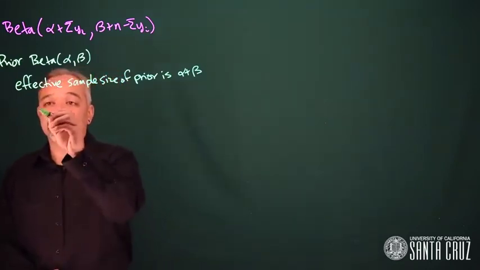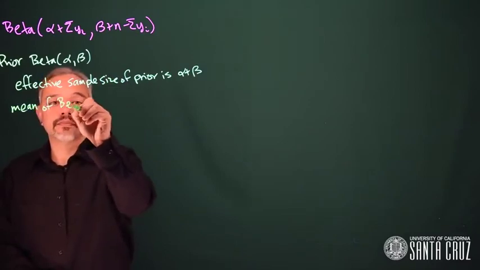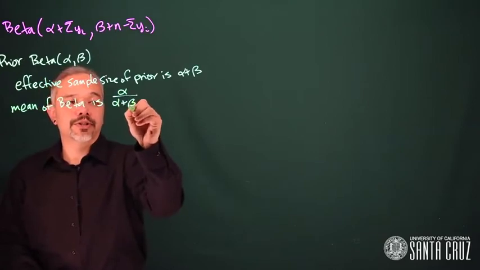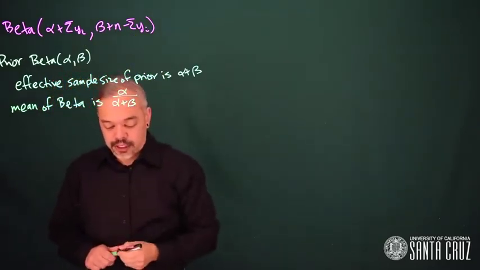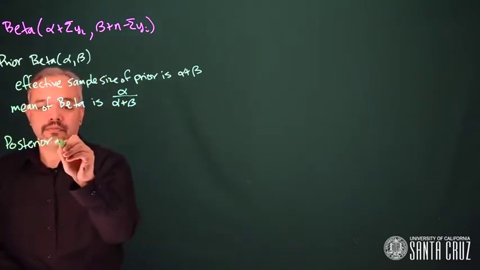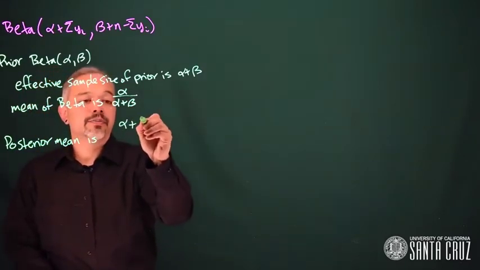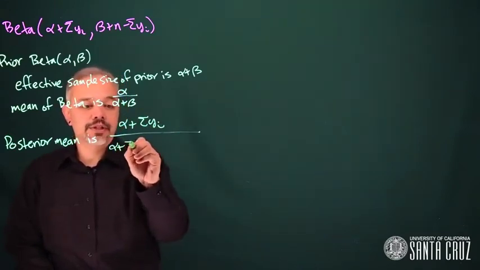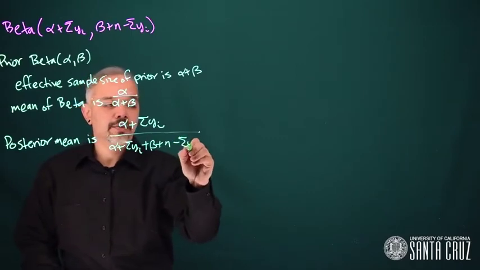Recall that the expected value, or mean of a beta, is its first parameter over the sum of the parameters. So in the case of our posterior here, its posterior mean is alpha plus sum of the y sub i's divided by alpha plus sum of the y sub i's plus beta plus n minus sum of the y sub i's.